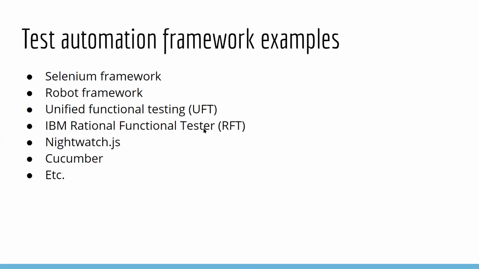Then we have UFT, which is a part of HP products, although I'm not sure what happened to this now. And then there's RFT, a product of IBM. We have Nightwatch.js. It's just pretty new. We have Cucumber, and we also have Gherkin, framework, a test framework for Python, and then etc.